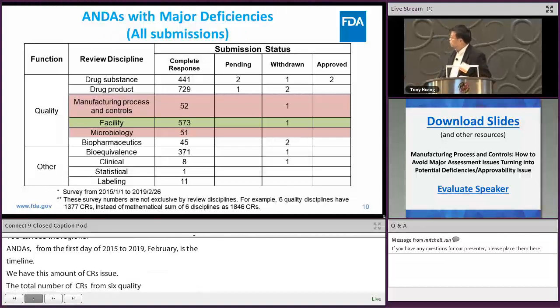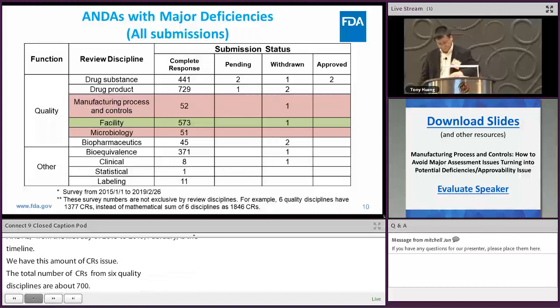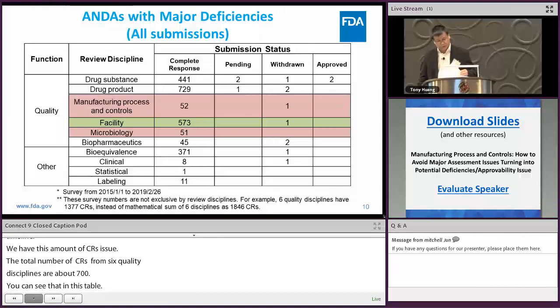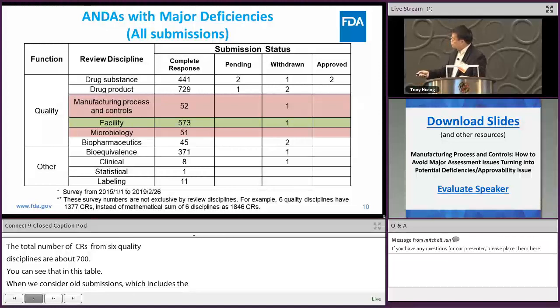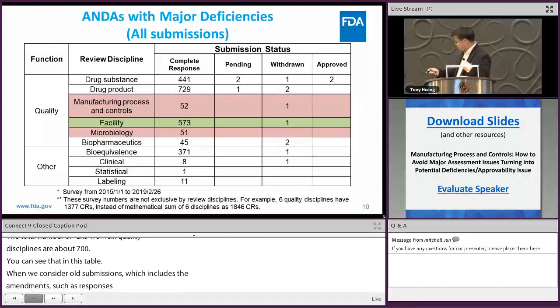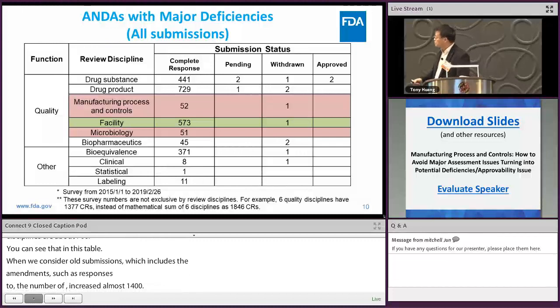And when we consider all submissions, that includes the amendments, such as responses to CR letter and DR letter and supplements, the number of total CRs increased to almost 1,400. And distribution-wise, you can see that most of them come from drug product, drug substance, facility, and bioequivalence.